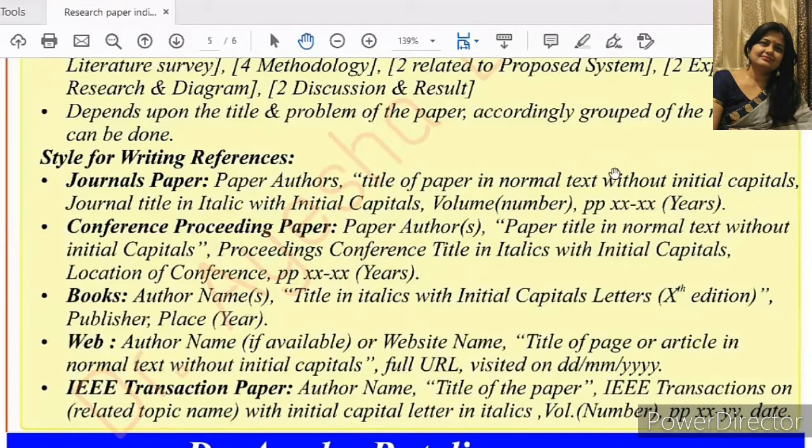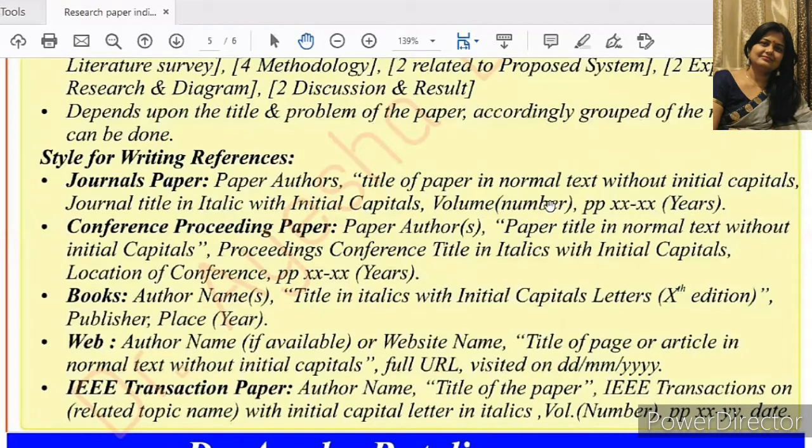Then the title of the paper, then the journal title. The title of the paper is the paper which was referred, in double quotes. The journal title is the journal in which it was published, and generally it is in italics, with initial capitals. Then the volume of the journal, the page numbers, and the year in which it was published.